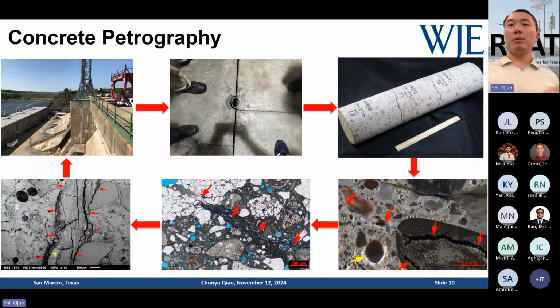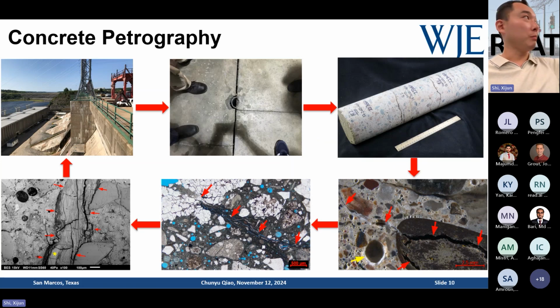Also, as I mentioned in the previous slide, we want to further prepare the samples in the lab. That's the lab section images on the bottom right, follow the red arrow. So we see some features there. You see an aggregate particle, right? And there's a crack extending from within the aggregate particle to the paste.